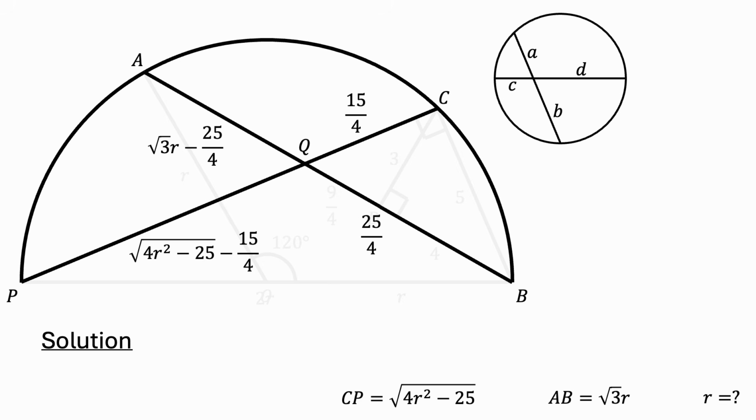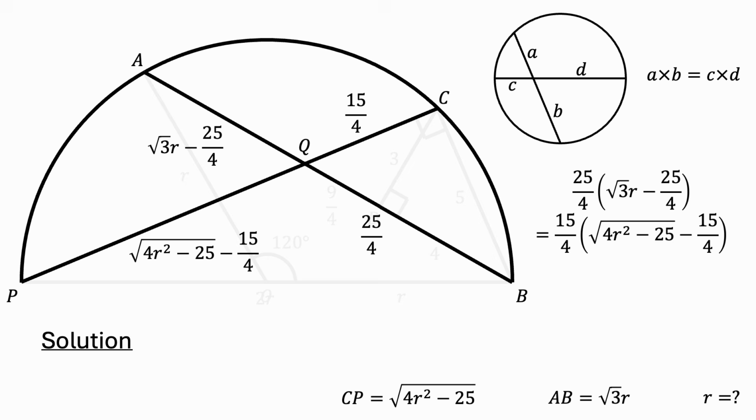Given a circle with two intersecting chords, the theorem tells us that A times B equals C times D. By the intersecting chords theorem, we have 25 over 4 times (square root 3 R minus 25 over 4) equals 15 over 4 times (square root of 4R squared minus 25, minus 15 over 4).